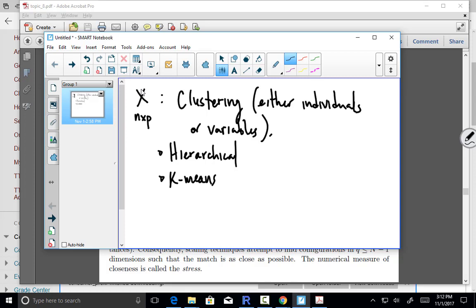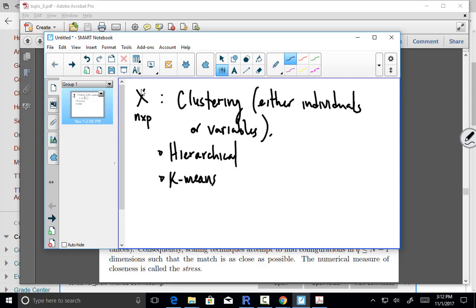If I have p numeric variables, then let's say we're going to try to find two clusters. We could say cluster 1 has an average vector of such and such. Here's p numbers. That's the center vector, or the centroid, of cluster 1. And the second cluster has a different average. That's the centroid, the center vector of cluster 2.